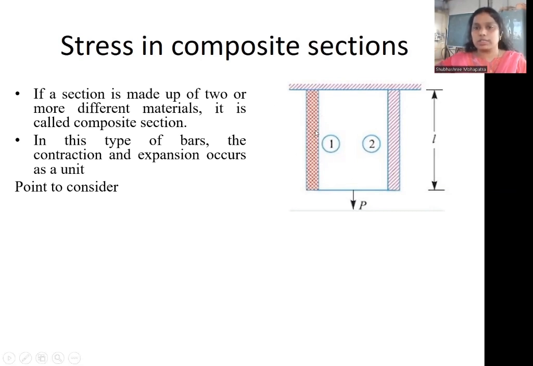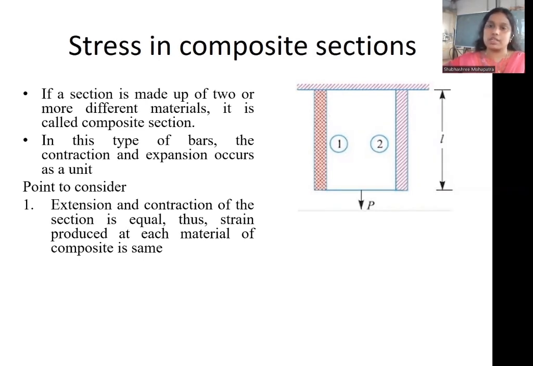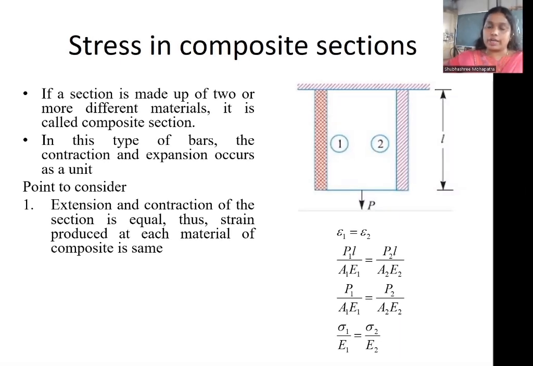So this is one composite section consisting of material 1 and 2. The first point is that the extension and contraction of the sections of each material is considered the same. If the contraction and expansion are the same, then the strain produced by each section will also be equal. Deflection of material 1 will be equal to deflection of material 2. Deflection is nothing but PL by AE.